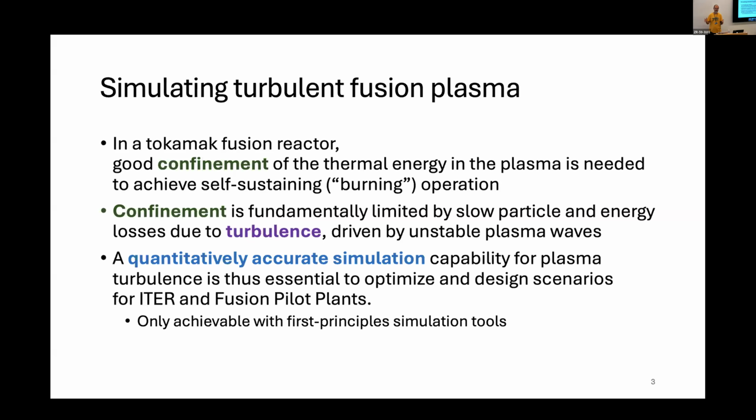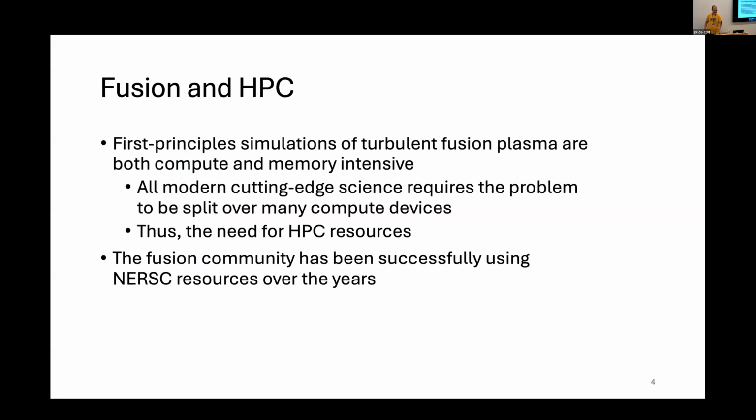And the confinement in the end is really driven by the turbulence inside the plasma. And this is because of unstable plasma waves. So we really need good first principle simulation tools to understand what's going on inside the plasma in order to get us where we need to be.